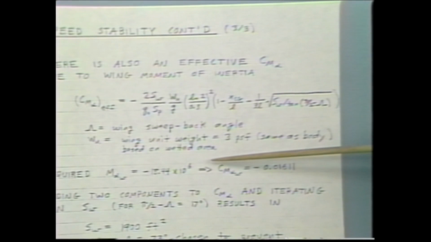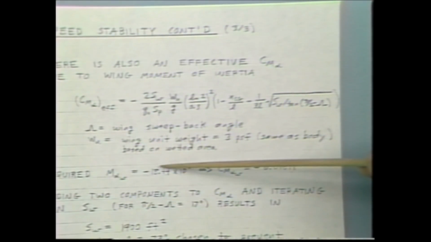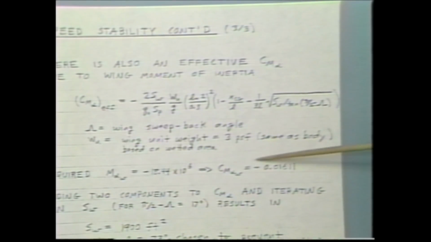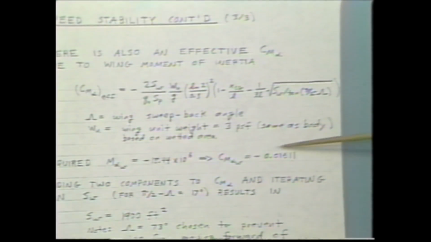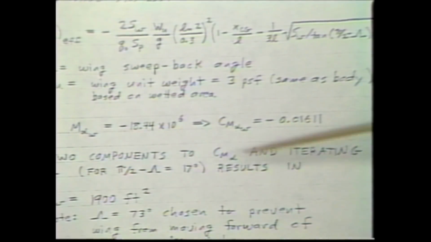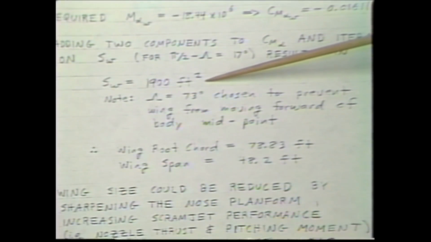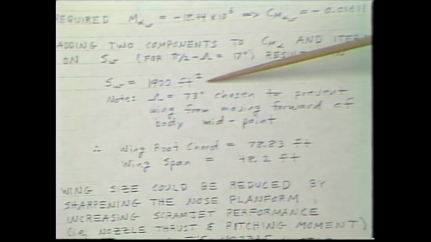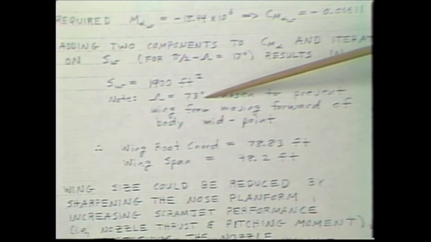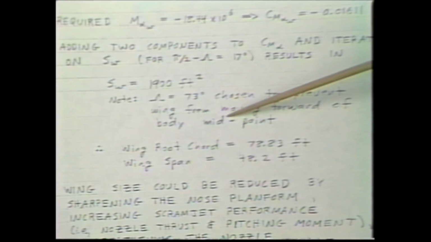Our required M alpha from the wing turns out to be minus 18 million pounds, which in terms of CM alpha is shown here as 0.016. Adding the two components, the effective and the actual CM alpha, together and iterating on the wing size, it turned out we had to have a 1,900 square foot wing with a sweepback angle of 73 degrees, and that angle was chosen so that the wing leading edge wouldn't move forward of the body midpoint.